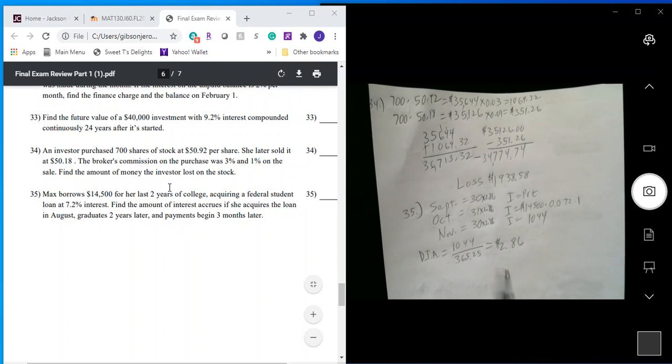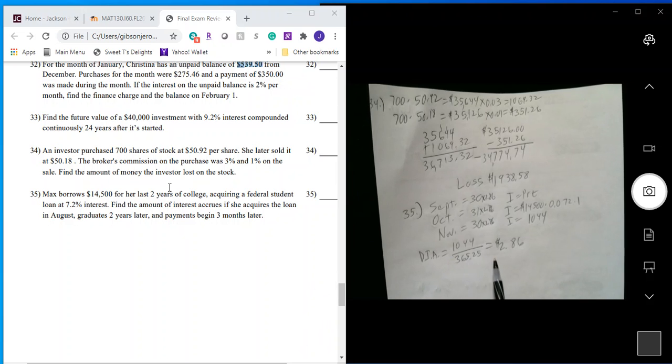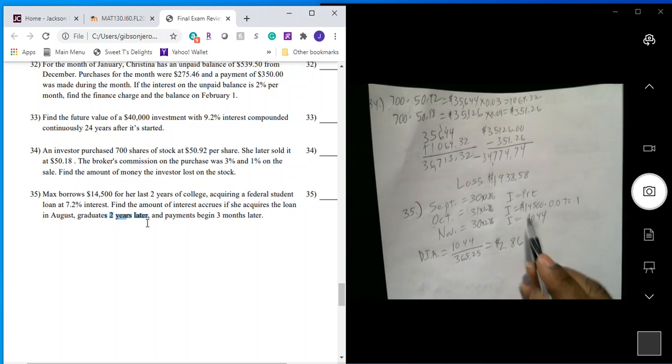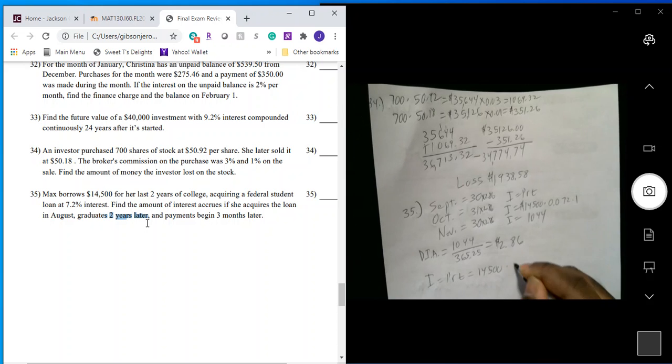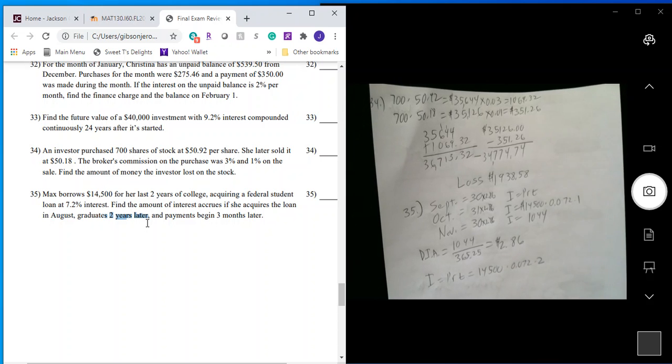Since we have the daily amount, and we want to find out these 2 years, graduates 2 years later, we would do the 2 years. Interest is equal to principal times rate times time, which is 14,500 times 0.072, and then we multiply it by 2.